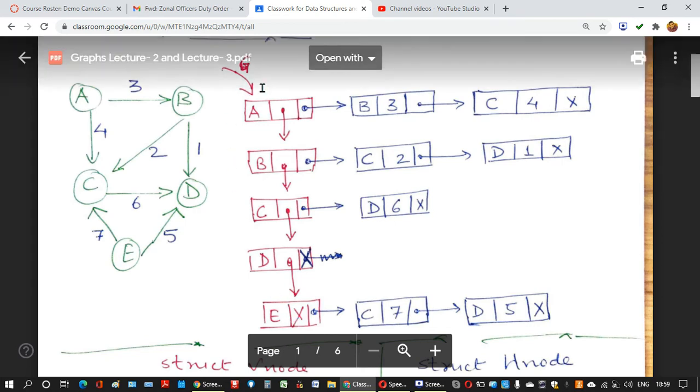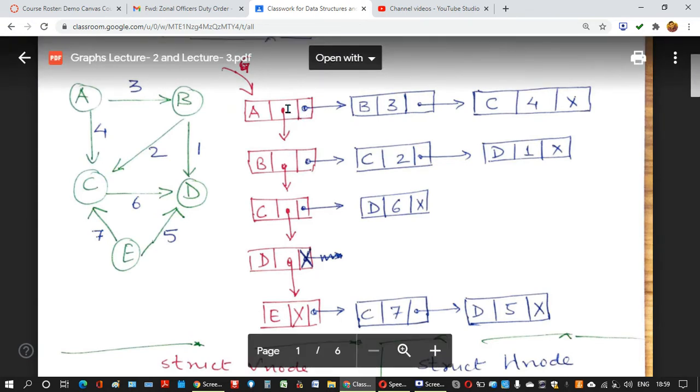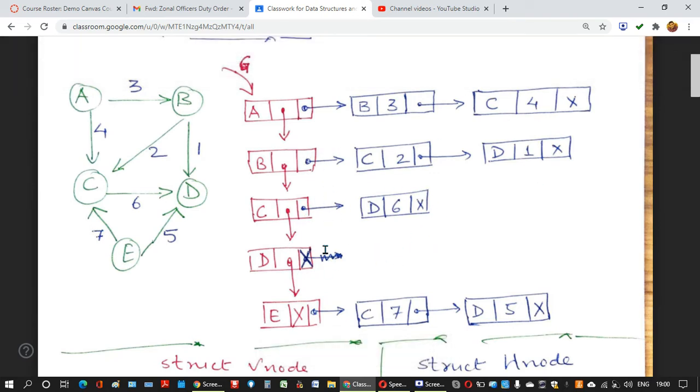Now you see, we have taken the structure of this node in a manner that it has a pointer which points vertically and another pointer which points horizontally. So this is the horizontal list for A. This is the horizontal list for B. This is the horizontal list for C. Similarly, the horizontal list for D is empty, so I put a cross here.